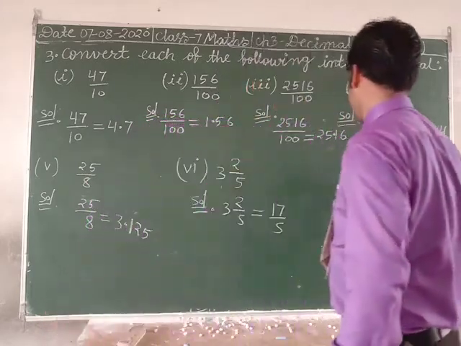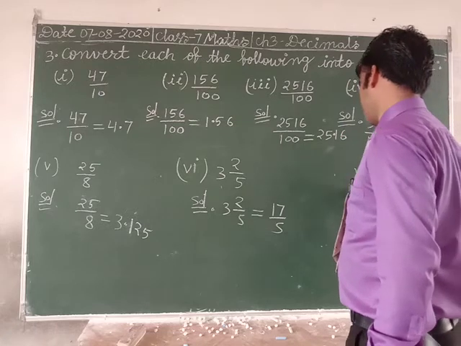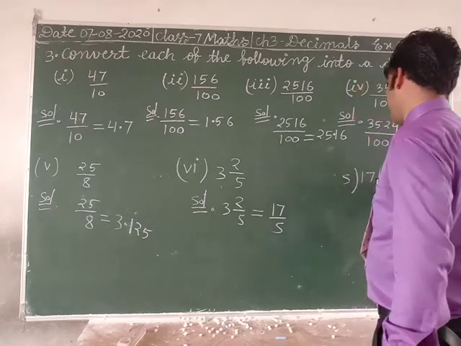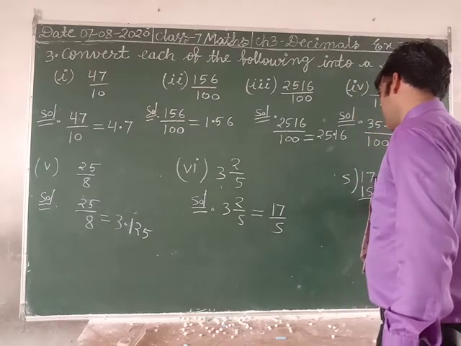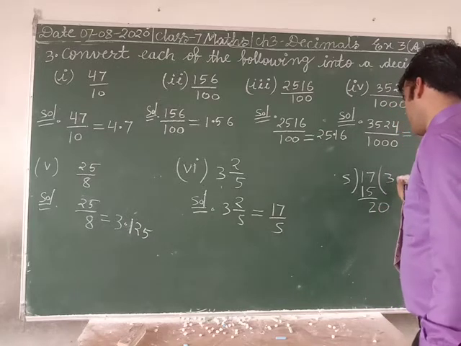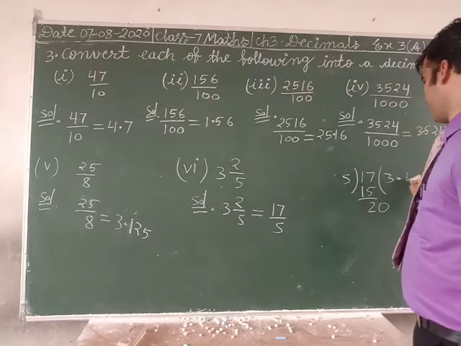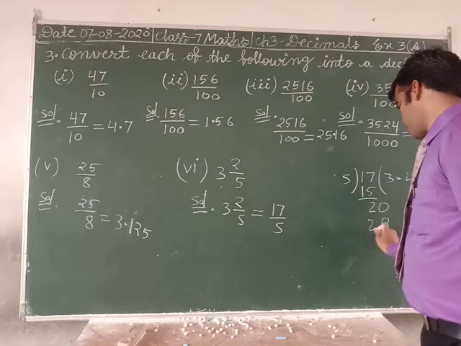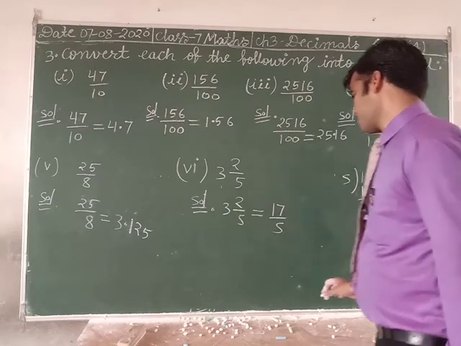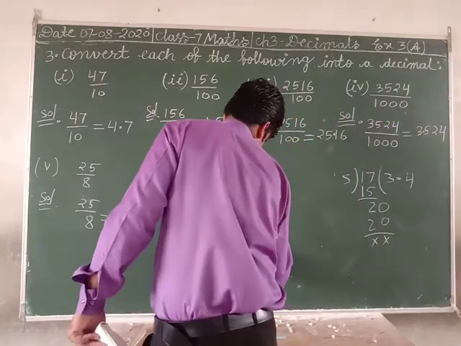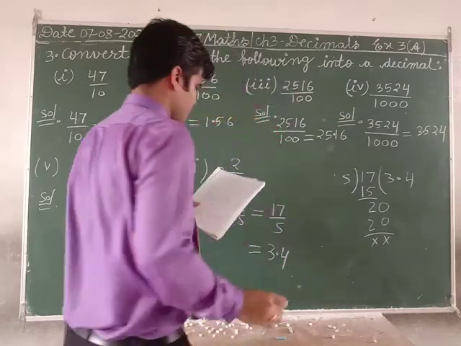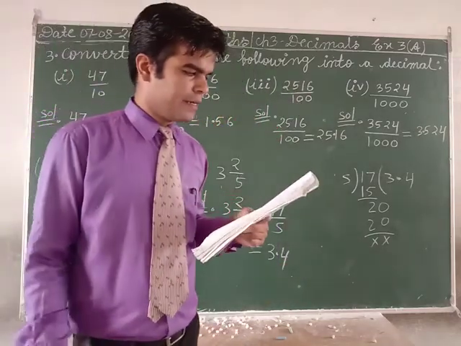Now students, we divide 17 by 5. So 5 3s are 15. 2, now we put 0 here as decimal, and 5 4s are 20. So students, this becomes what? 3.4. The other left questions in this question, number 7 and 8, are your homework.